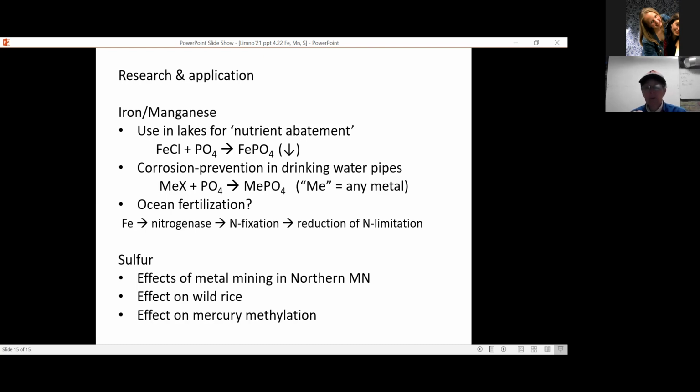And the general process is iron and something, me being any metal, right? It's sort of metal and something, dissolves in the water, and then the metal binds to the phosphorus. And then this forms a precipitate that will coat the pipes.